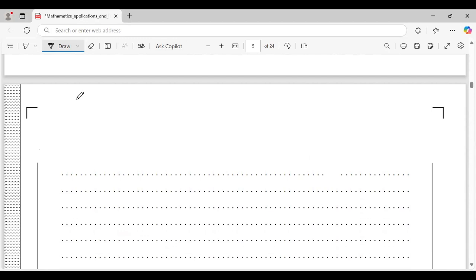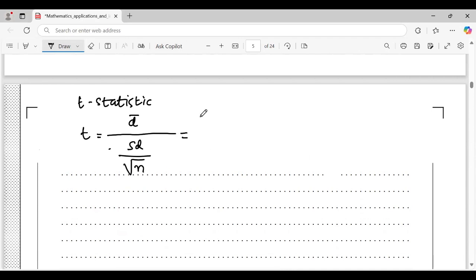And the next step, the T statistic. The formula is T equals mean of D divided by standard deviation divided by square root of N. N is 8.